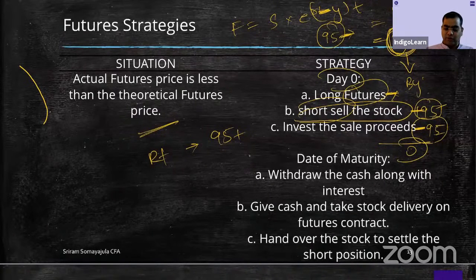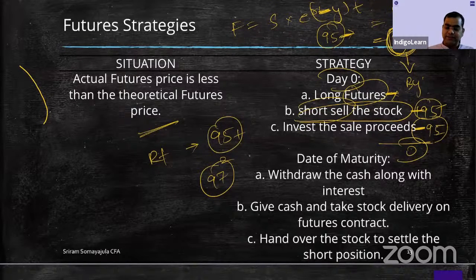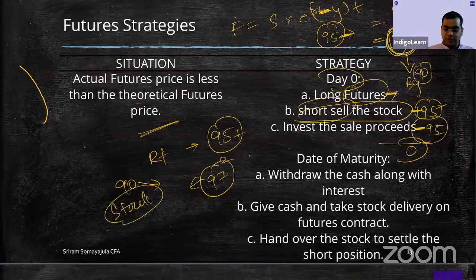On the maturity date, on this 95 that you have invested, you will get interest, let us say some 2 rupees. So you'll get back 97 rupees. Then, you've already entered into a futures contract to buy something at 90, correct? So out of this 97, you give 90 to that person and buy the stock. Then you still have 7 rupees left.